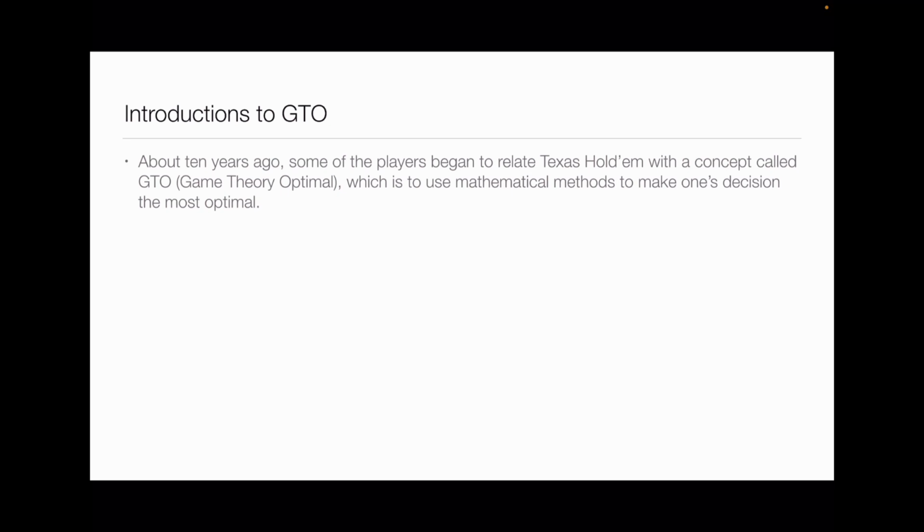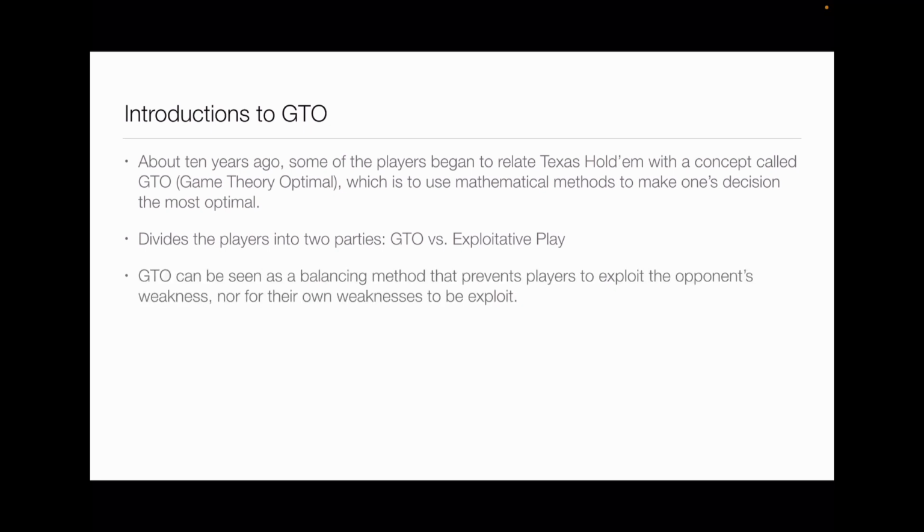And this also divides the players into 2 parties. One supports the GTO and the other supports the exploitative play. In poker, GTO can be seen as a balancing method that prevents players from exploiting the opponent's weakness, nor for their own weaknesses to be exploited.